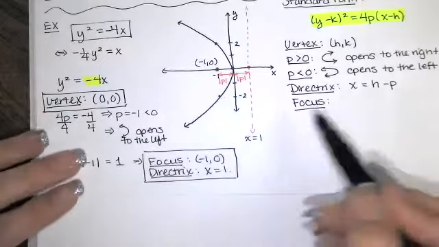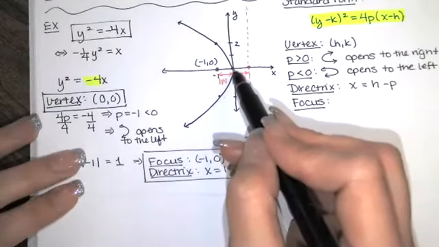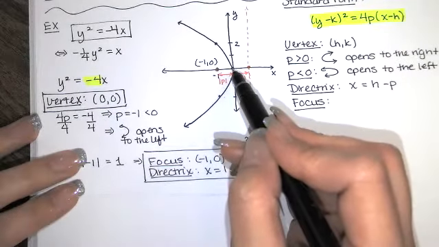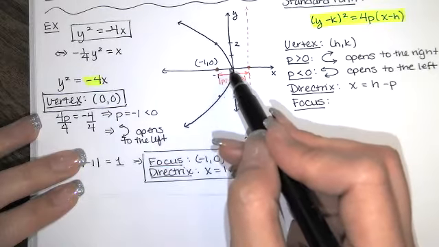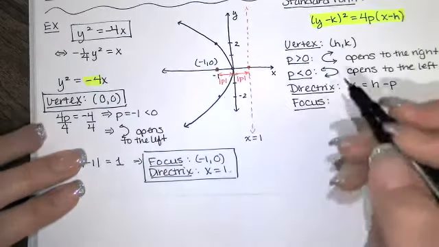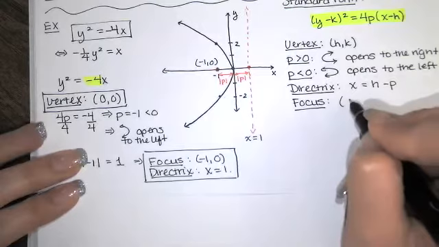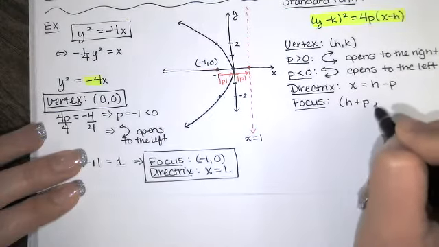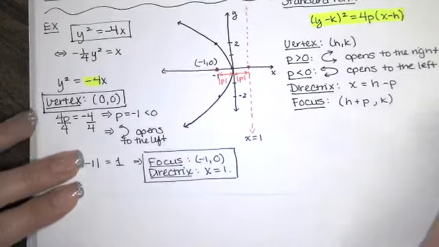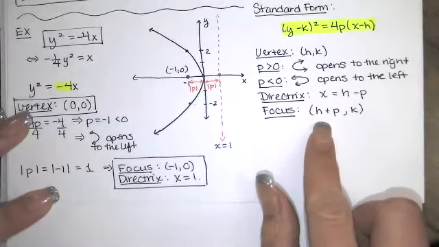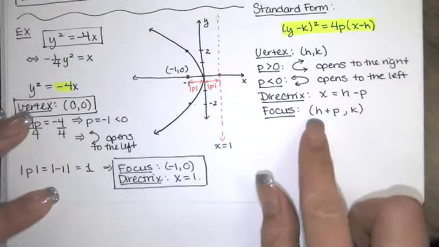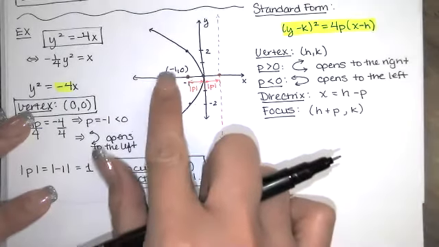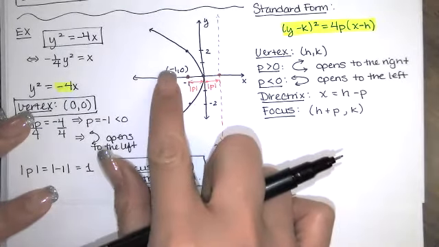I guess just looking at this picture, I see I'm starting at the point (h, k), and then I'm adding p to the x values. So the focus is (h plus p, k). So we were at (0, 0), and then we're going to add p, which in this case is -1, so we end up at (-1, 0).